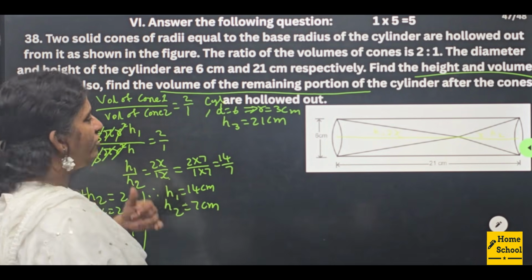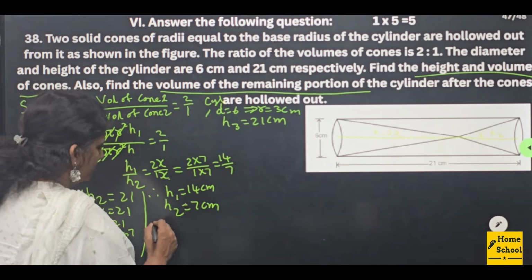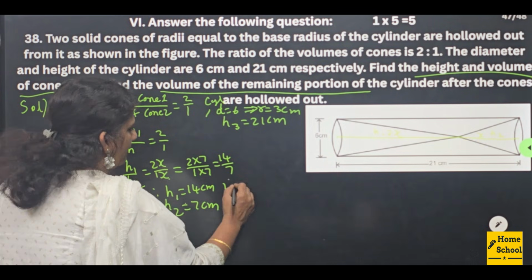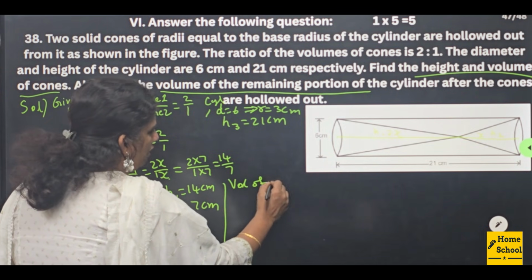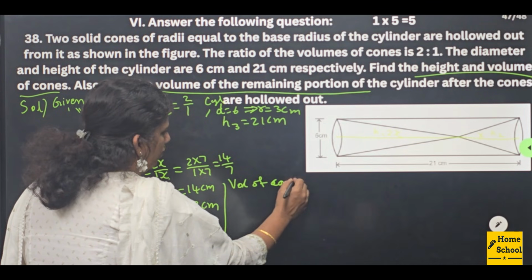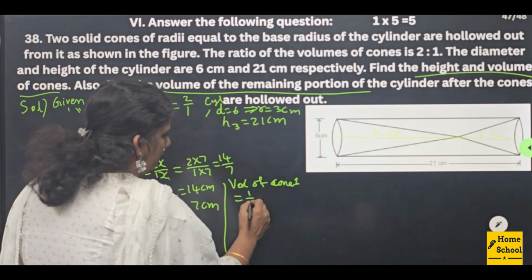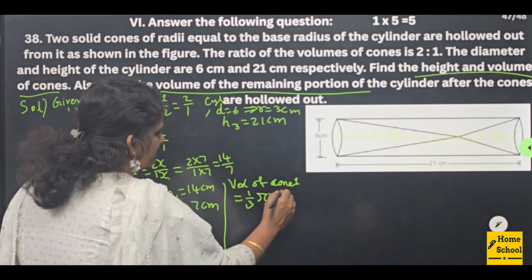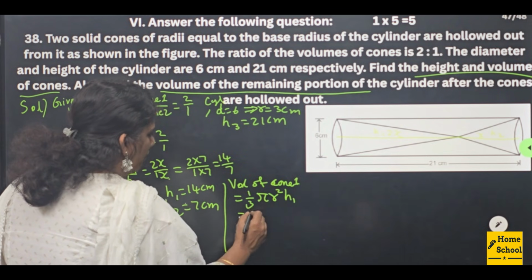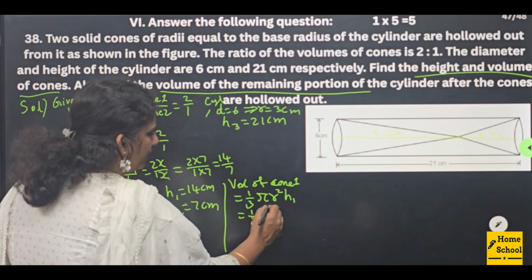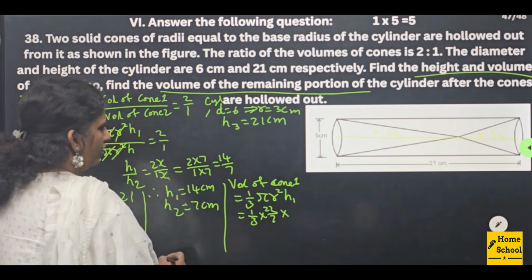Now next, volume of the cones. Volume of cone 1 is 1/3 πr²H1. 1/3 into 22/7 into radius.